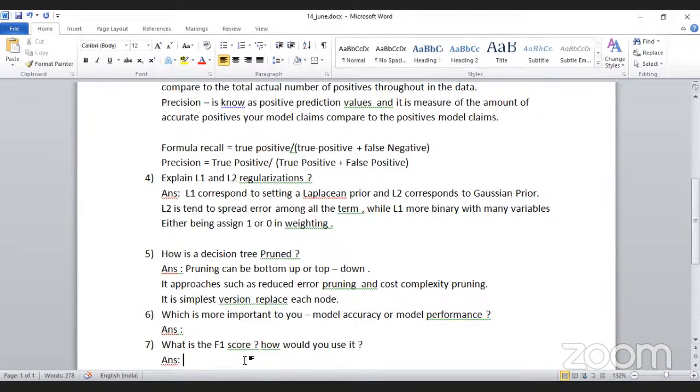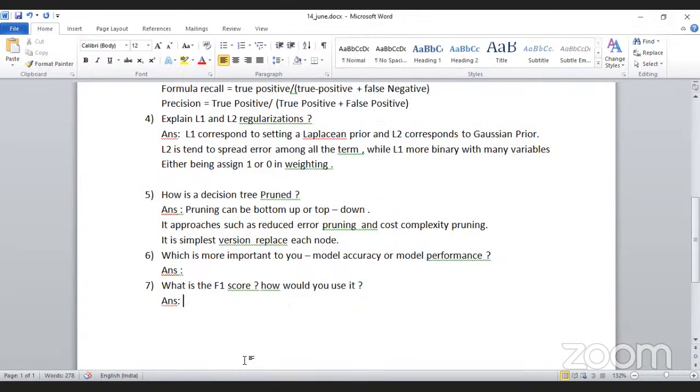So what is the F1 score and how would you use it?